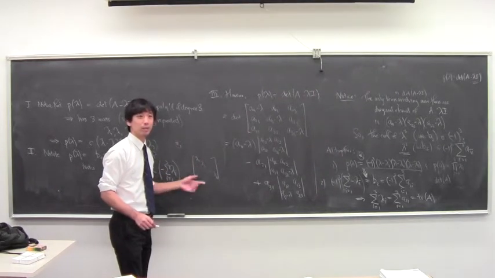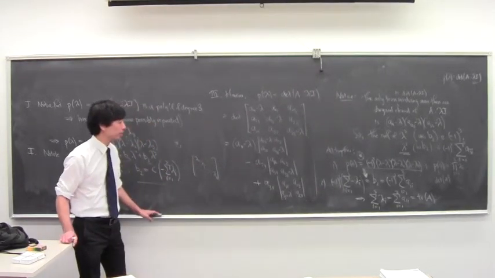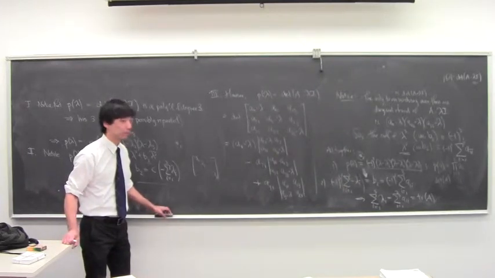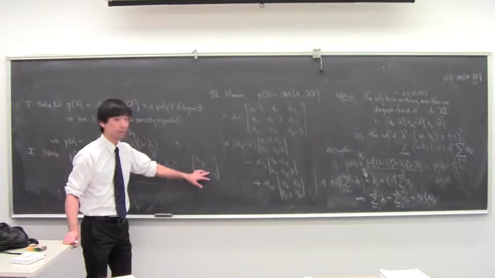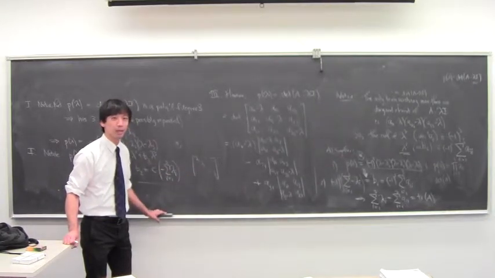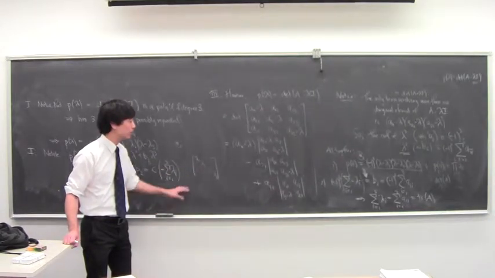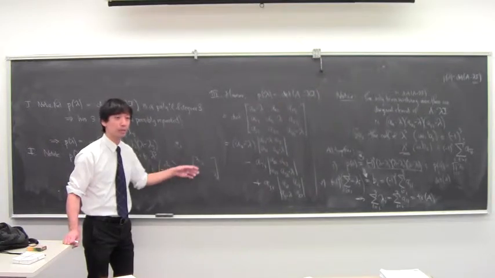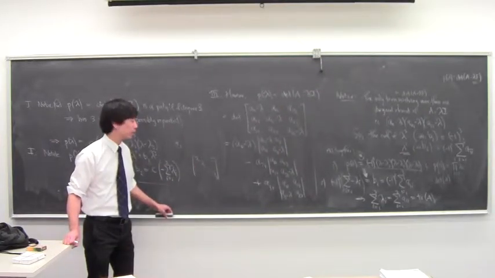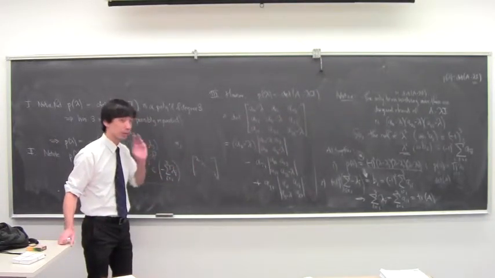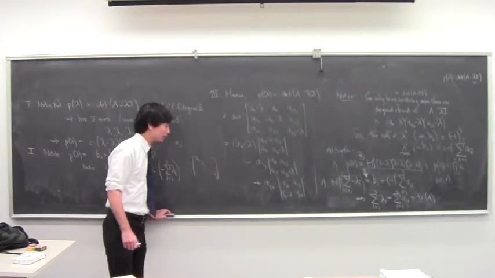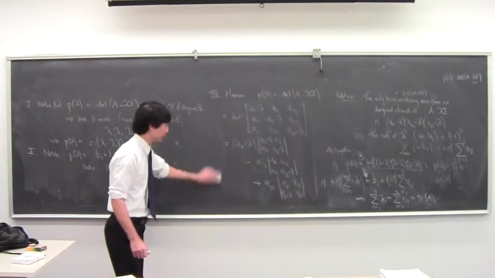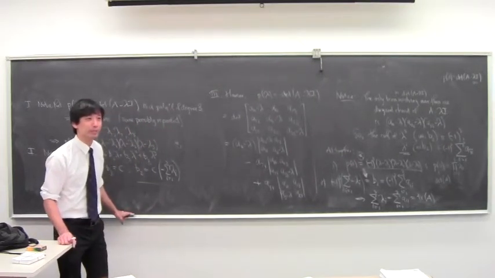So you might start to think, is there something that says that our matrix can somehow be reduced to this? What's the connection between a matrix and a matrix consisting of the roots of the characteristic polynomial? There is a connection, but I don't know if we'll be able to see it.